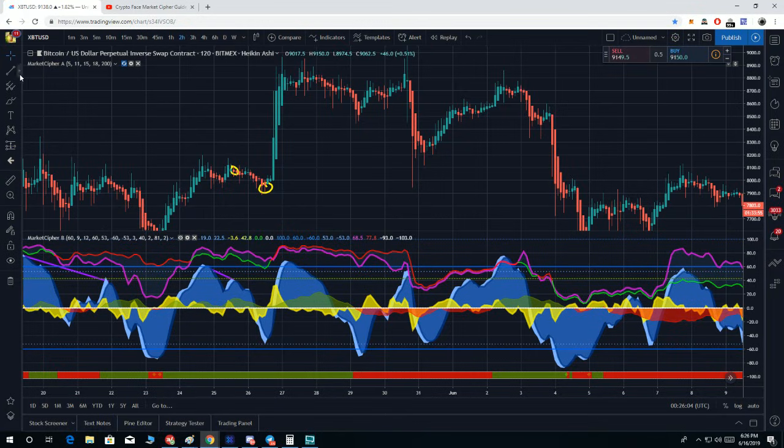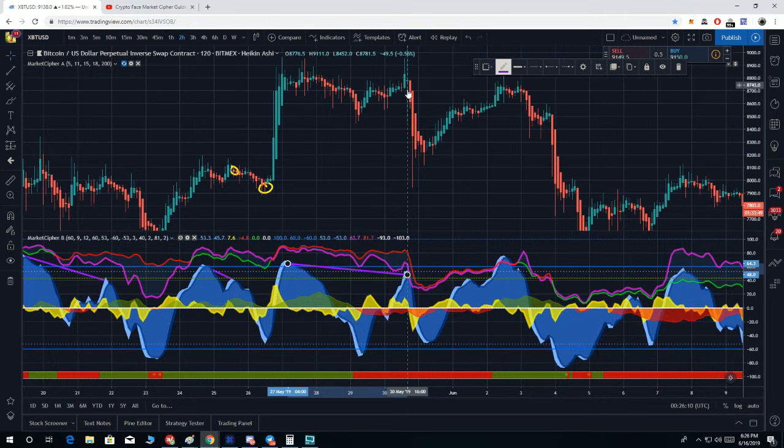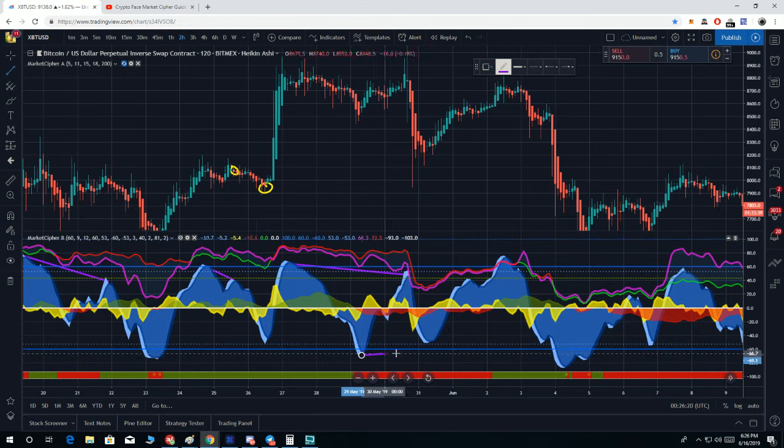What else? Let's keep looking. Right here, this signified to enter short in this candle. Even if you entered at the very bottom, you still would have made profit right here. This blue wave is bigger or taller than this wave. This would be a long entry.